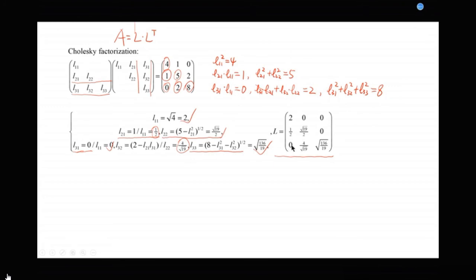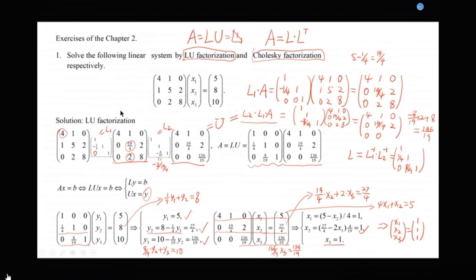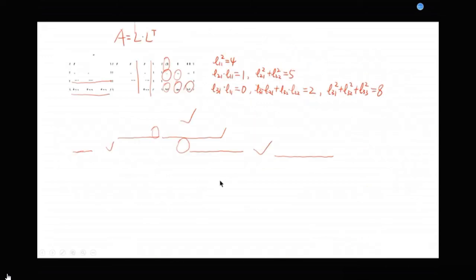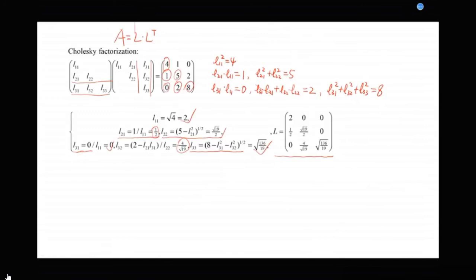Actually here, you can also solve the linear system by Cholesky factorization, okay? Because now we already know A equal to L multiply L transpose.